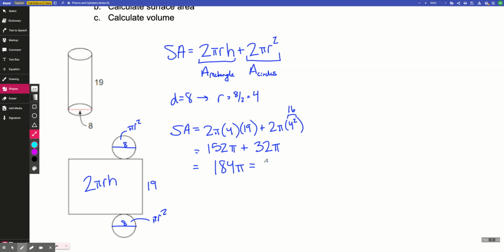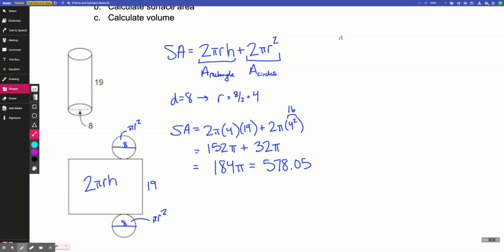So 184 pi is 578, and I didn't give you a place to round to. If I don't give you one, 2 decimal places is usually good. So 578.05. And because there are no units in the problem, you do not have to give me units in the answer.